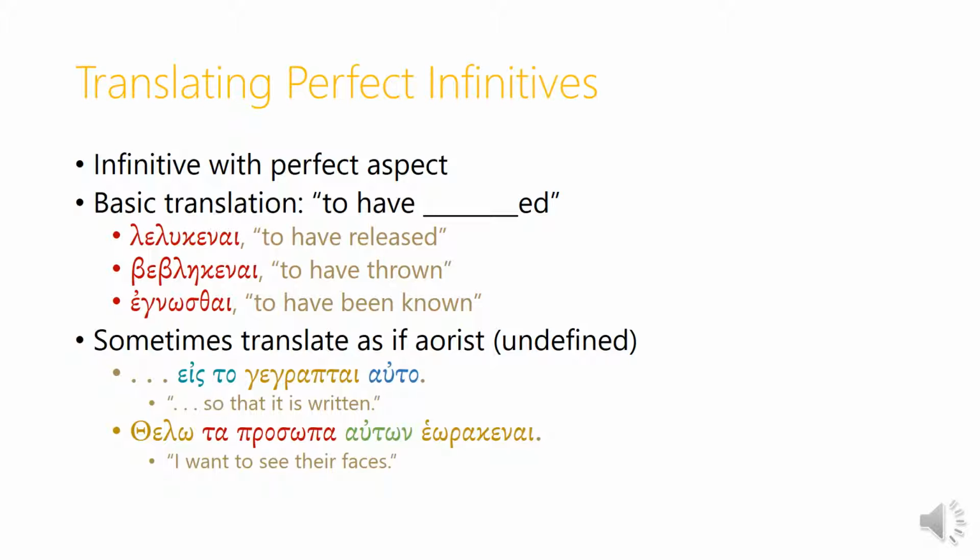So we just have to know, as people who know how to read Greek, that even though we translate it "I want to see," there's the extra nuance that what we want is to see their faces and then be in the state of having that knowledge. It's an action that we want to perform, but there's the added nuance that it's going to have an ongoing impact after that. That perfect aspect is something that we just have to understand and explain if we're teaching passages like this.